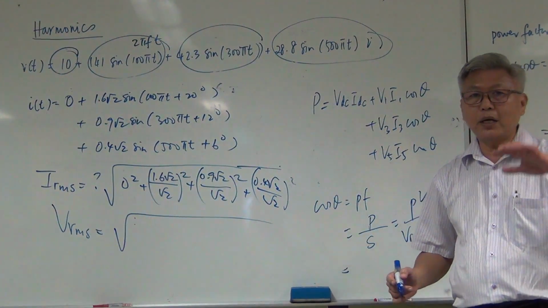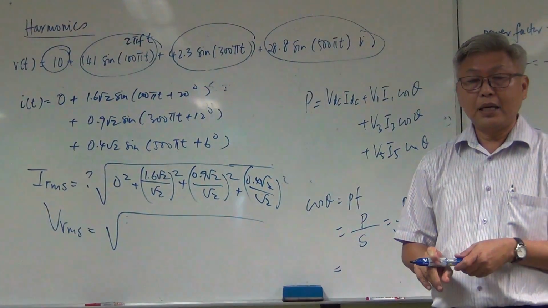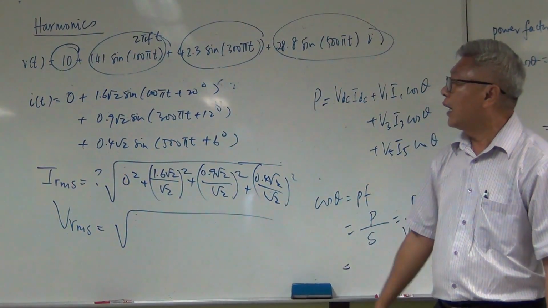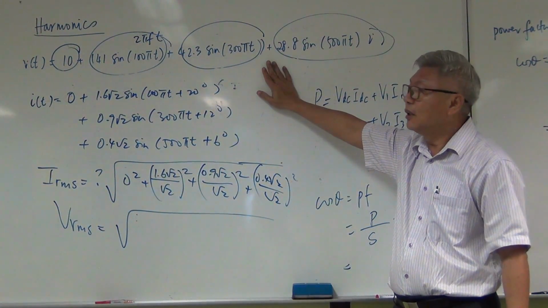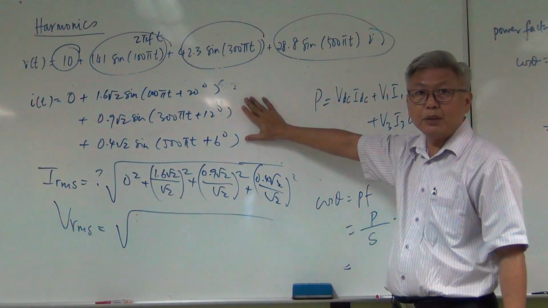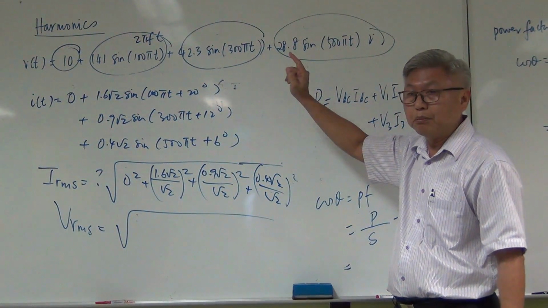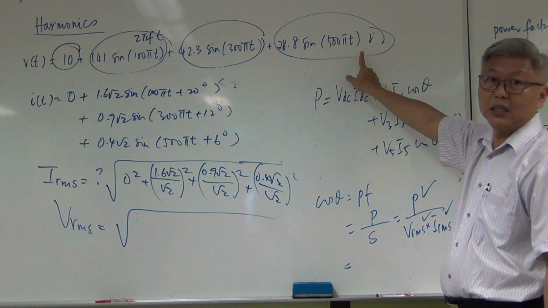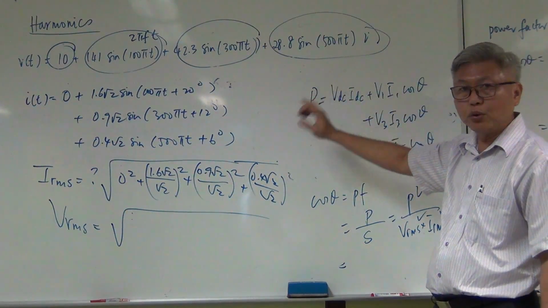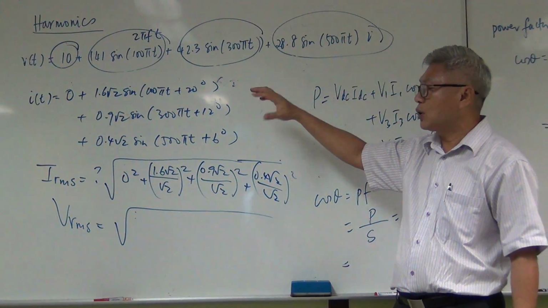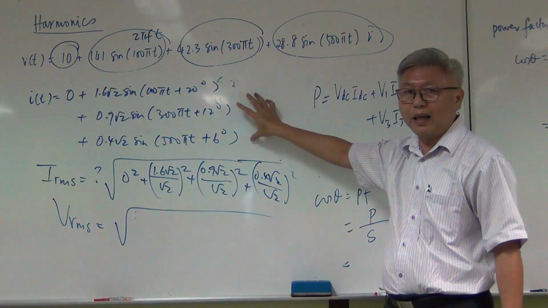So harmonics is quite a straightforward topic, especially when it's single phase. So far we only talk about single phase. I give you a voltage signal, can you find me the current? To find the current, you have to do it multiple times due to the different frequencies in my signal. Do it a few times, convert them from polar to sinusoidal and string them together.